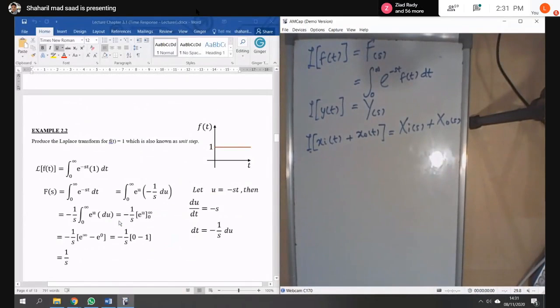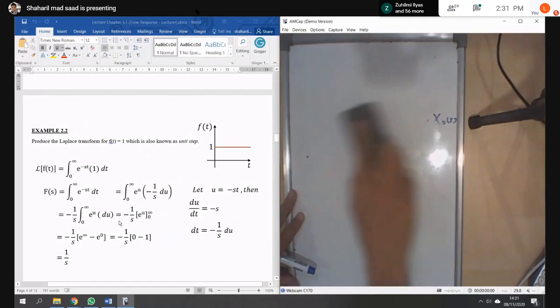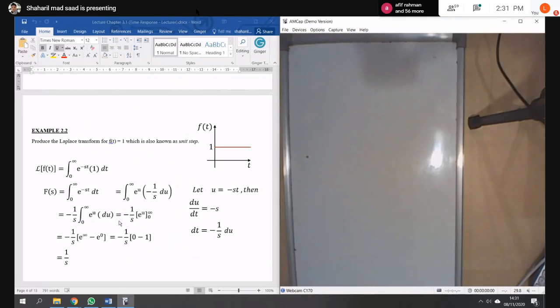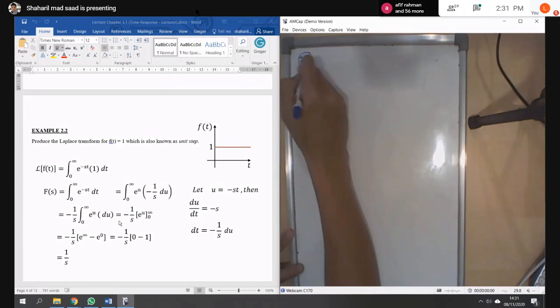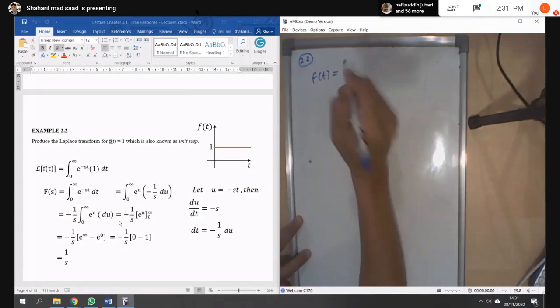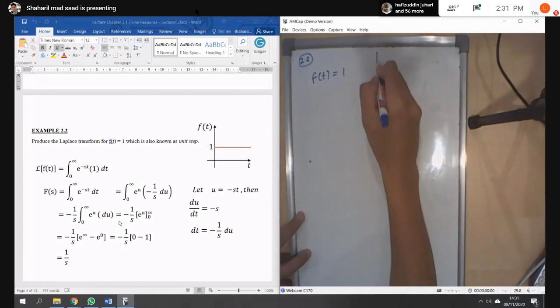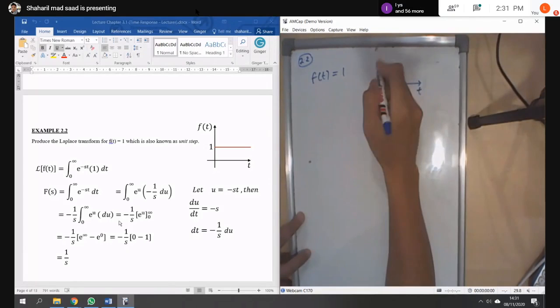Okay, so let's look at example 2.2. Let's remind ourselves of what you have learned about Laplace, maybe in your matriculation or secondary school. You have the function f(t) equal to 1. What does this mean? If we plot the graph against t, this is f(t).